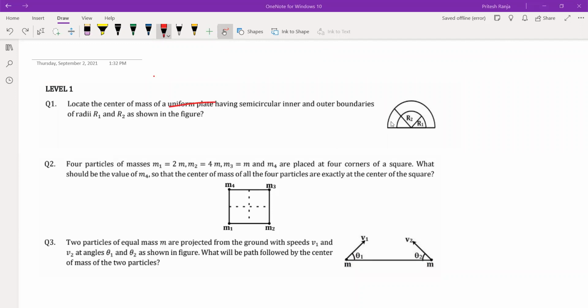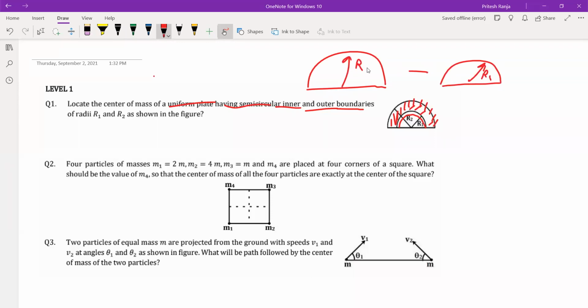Plate है तो area होगा, तो इतना ही बस है area उसमें, because it is having semicircular inner and outer boundaries of radii r1 and r2, मतलब कि बीच में से इतने पार्ट को हमने हटा दिया। So we can assume this like एक semicircular disc है, and from that I am removing another semicircular disc of radius r1 और इसका रेडियस क्या है r2। So in this case let us first determine the masses, इसका मास क्या होगा, and then इसका center of mass क्या होगा, let's find out that.